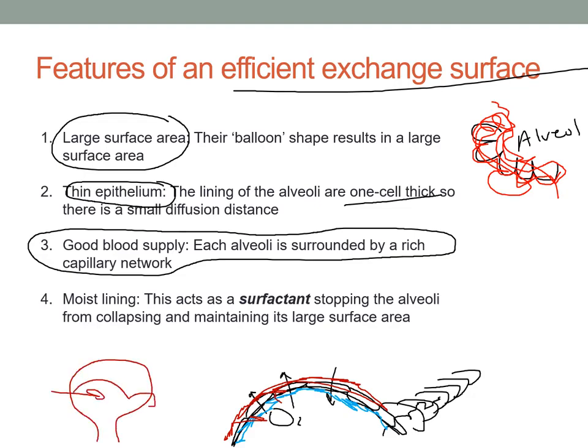It would become flattened, and it wouldn't work as well. So the inside of an alveoli has a moist lining which acts as a surfactant, which is a posh word. It just means that it reduces surface tension, and keeps that nice, lovely shape for a large surface area. That's why the alveoli is really suited to its job of soaking up oxygen out of the blood and giving back carbon dioxide really, really fast.